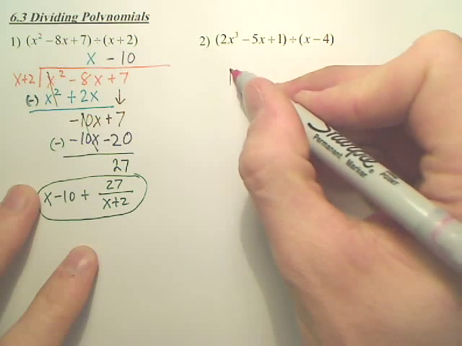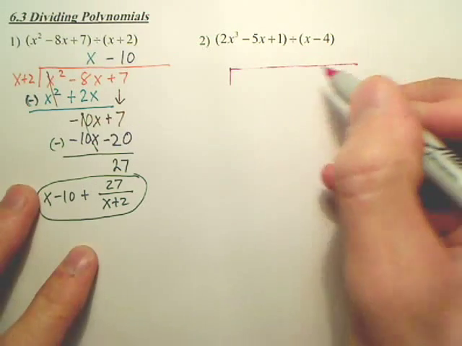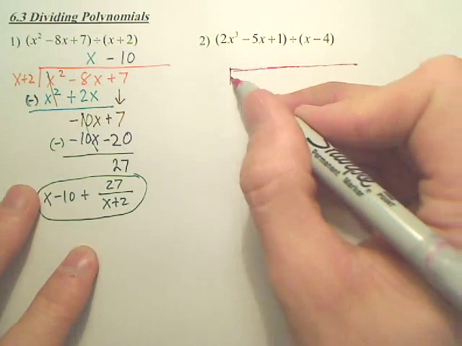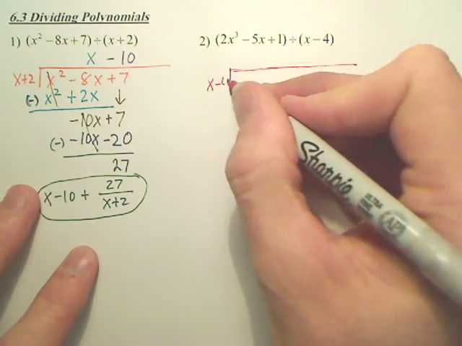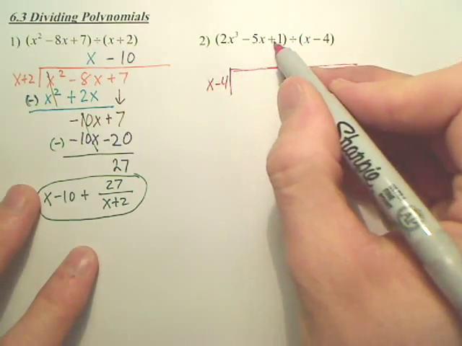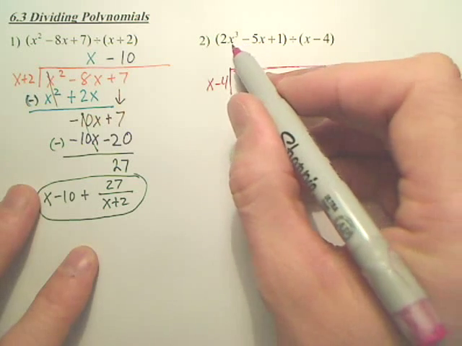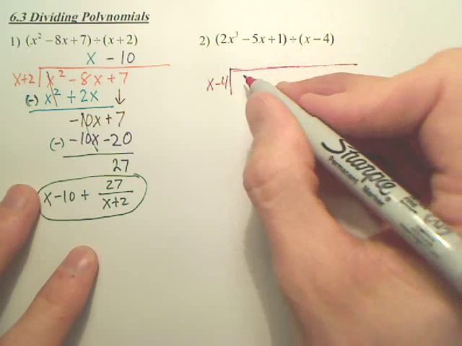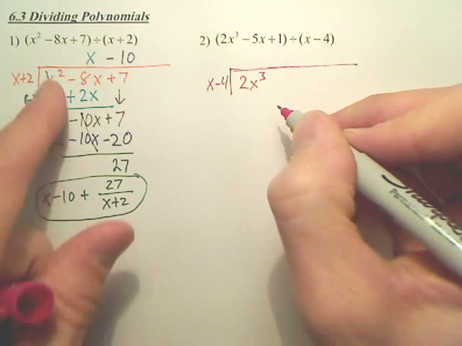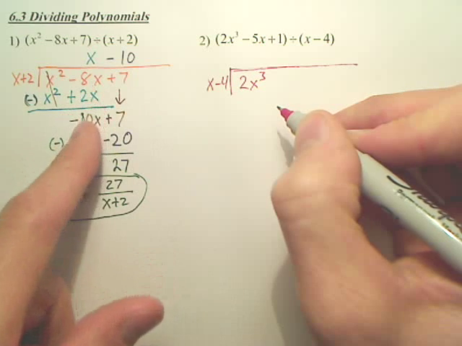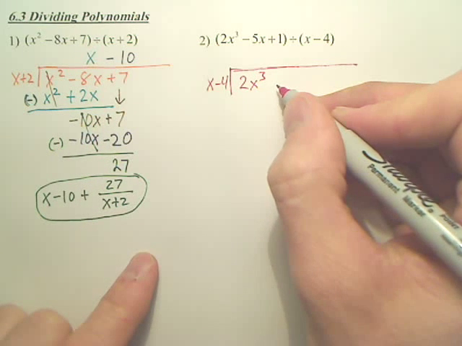Okay, let's do this one. Which one's your divisor? X minus 4 goes out here. Now, look right here. Are we missing a piece in this standard form? Yeah, we have 2x cubed, but do we have an x squared? Don't we need every single column here? Aren't we missing the x squared column?